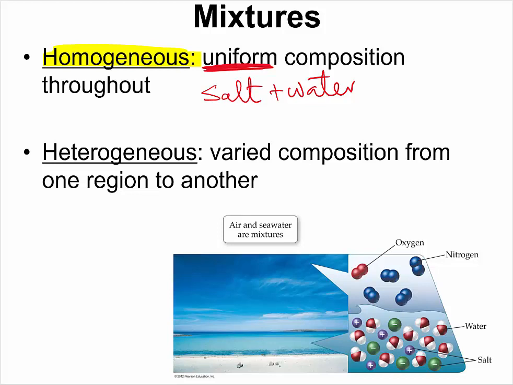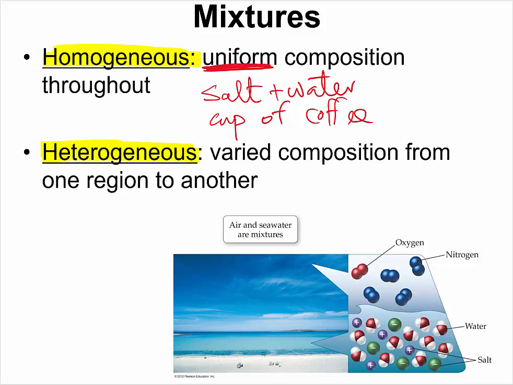Another example of homogeneous mixture would be a cup of coffee. Everything would simply appear black, although you have several different components in that cup of coffee. Another type of mixtures are heterogeneous mixtures.